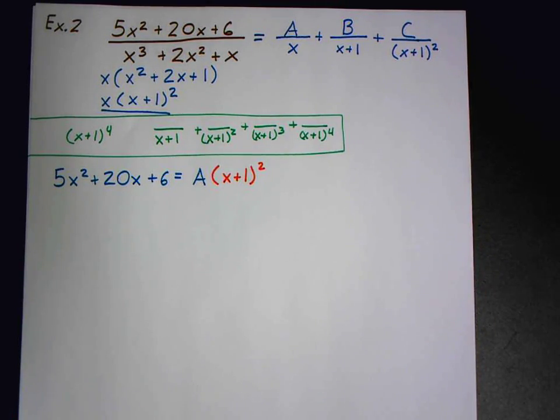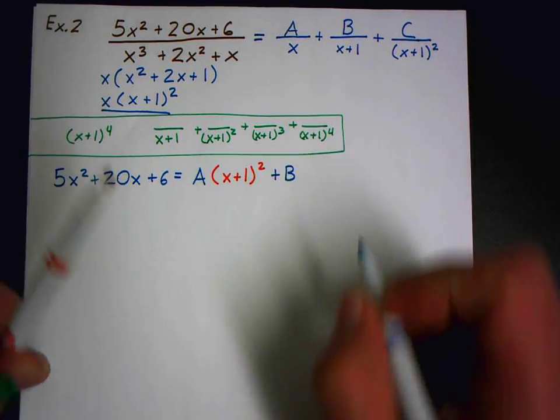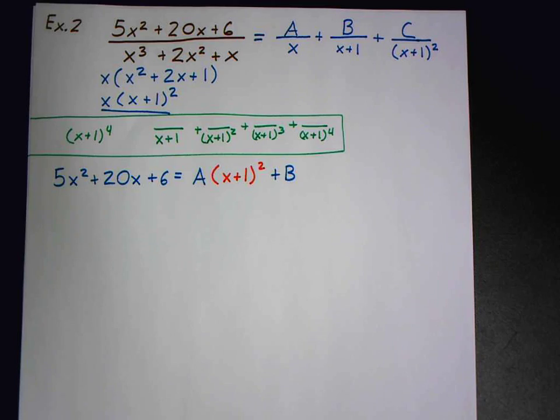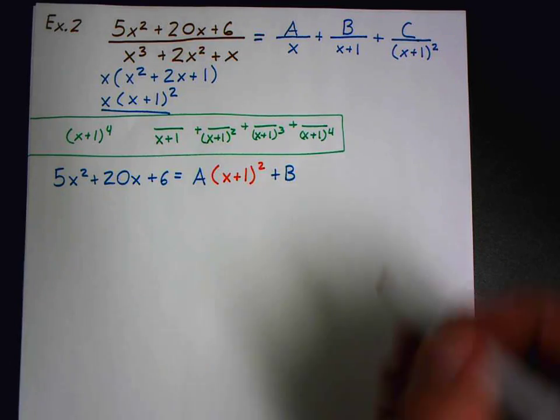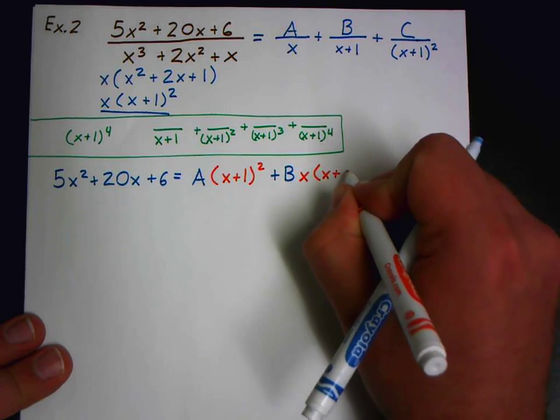When I multiply both sides by the denominator, what would cancel out with what's underneath the A? The X, right? With the B, what would cancel out? One of the X plus 1. So all that would be left would be an X and one of the X plus 1s.